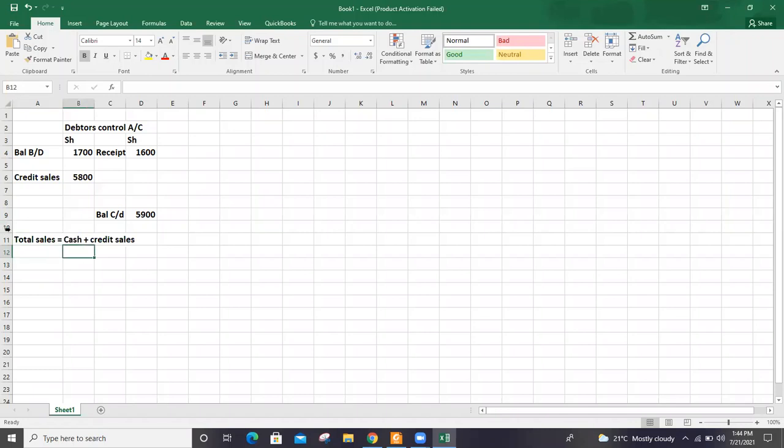Cash sales is 0, and the credit sales is 5,800.